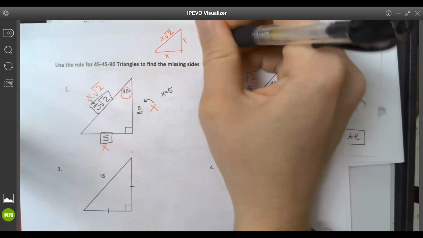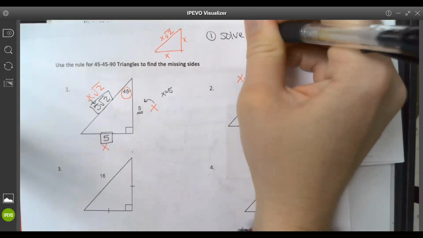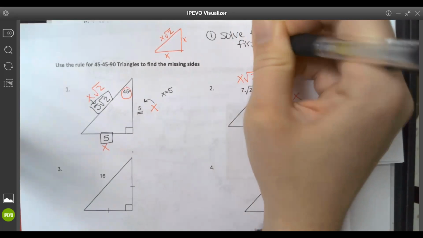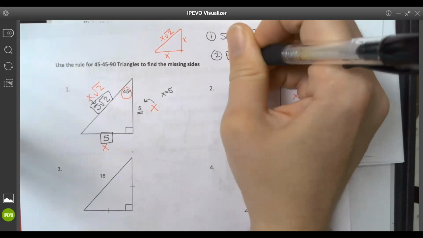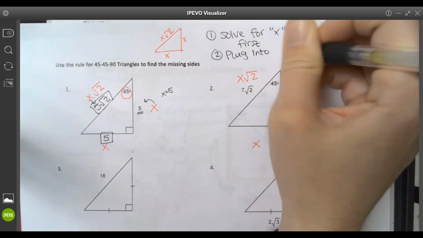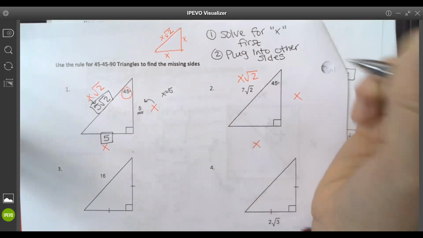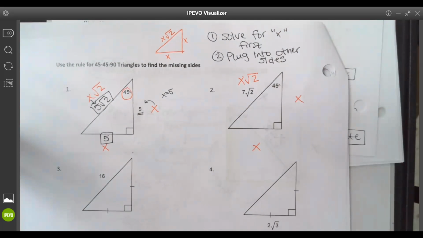So let's write that. Make sure you solve for x first, and then I just plug into the other sides. Give you a chance to write that down.